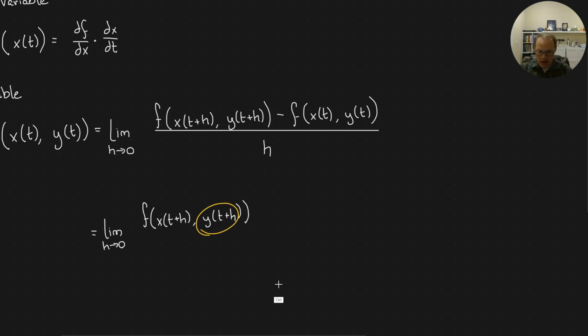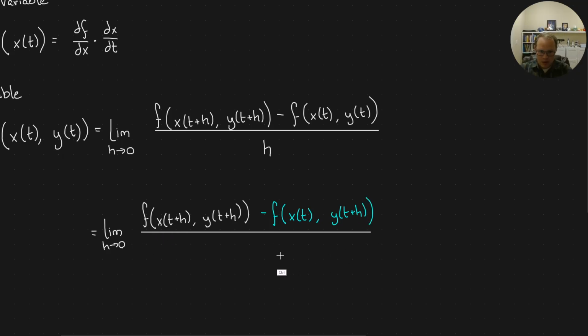Let's leave the y fixed. Okay? So I'm going to include a new term, minus f of x of t. I'm letting the x function change, and then I'll leave y the same.